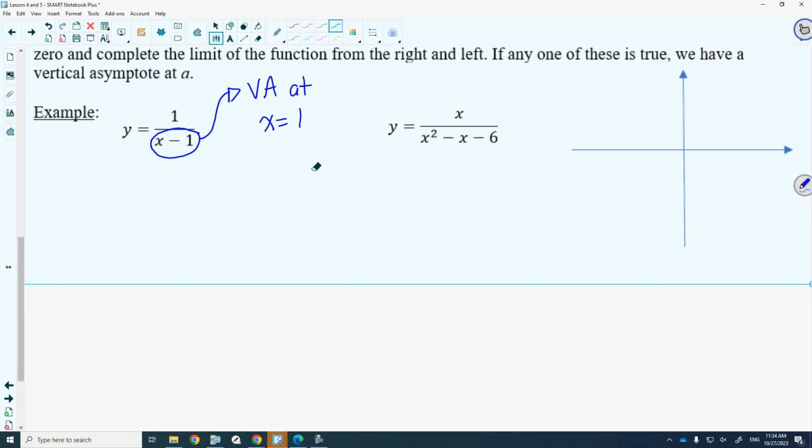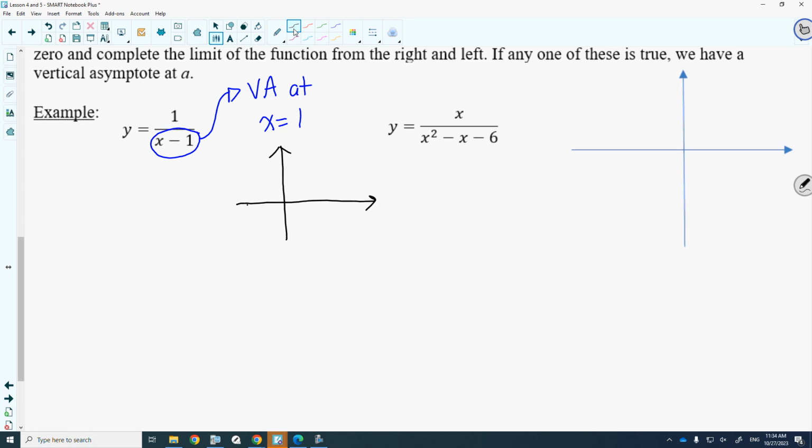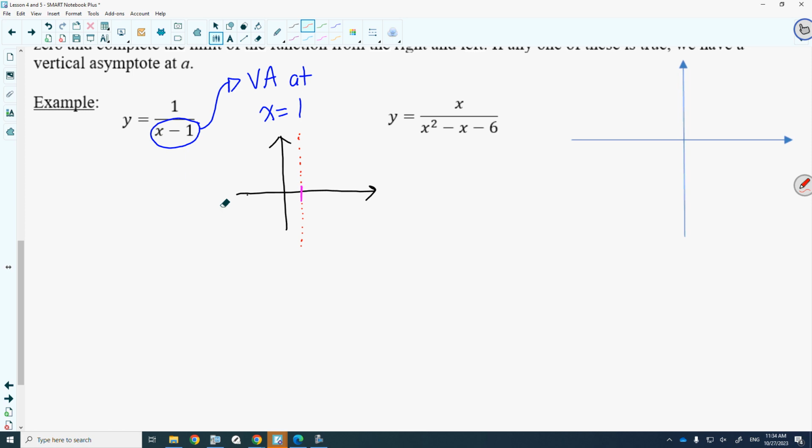Okay, so let's draw a little tiny sketch. There's a VA when x is equal to 1, so I'm going to put my VA in, because remember, you'll be sketching these. I need to approach 1 from the left-hand side and from the right-hand side, and I don't have a calculator to punch in numbers. So what will this look like?